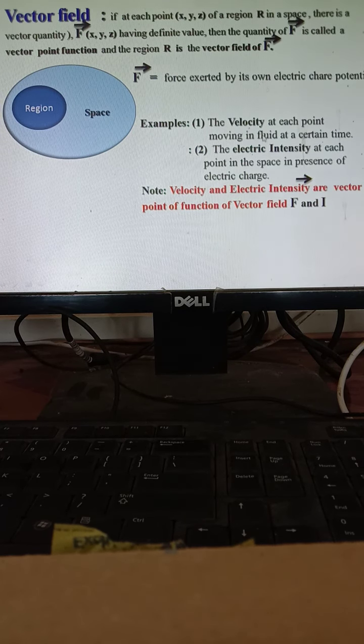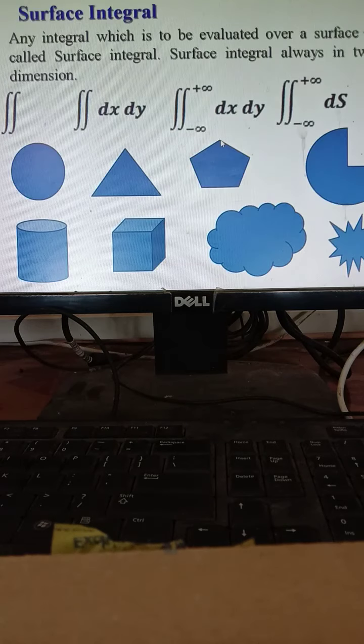So we are going to consider any surface element in the vector field region. Similarly, if you want to define the surface integral, we are going to consider the double integral. Any integral which is to be evaluated over a surface is called a surface integral.